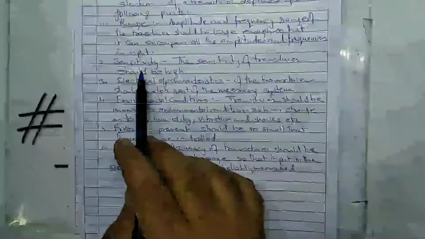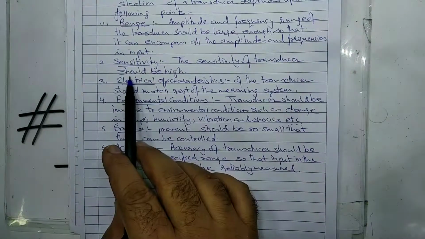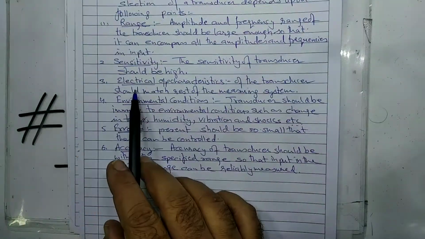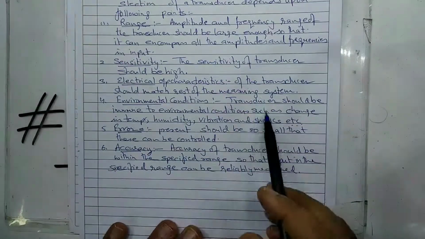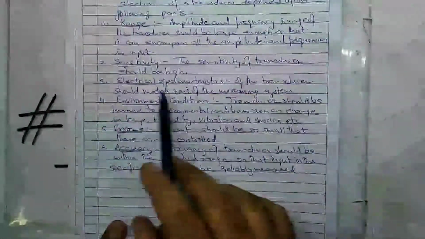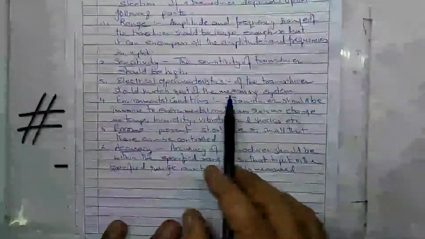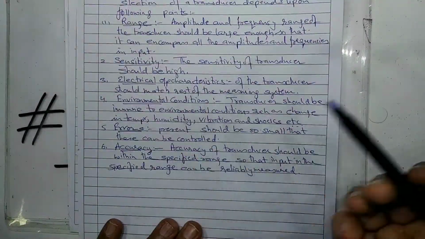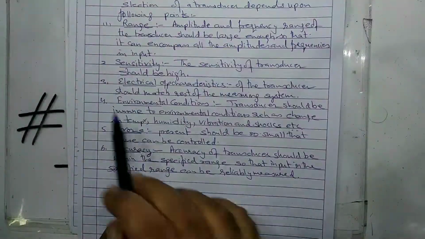Second, sensitivity. The sensitivity of transducer should be high. Third, electrical output characteristics of the transducer should match rest of the measuring system. So it should be compatible with the measuring system.